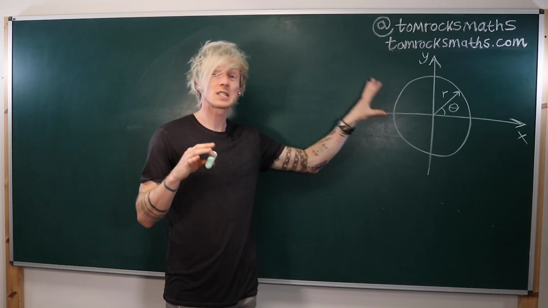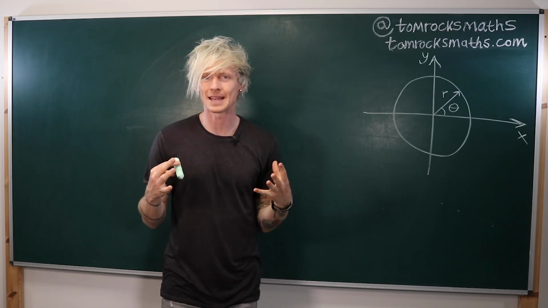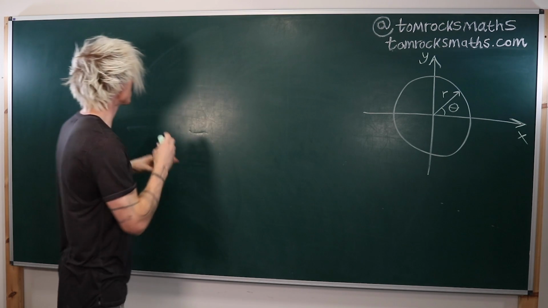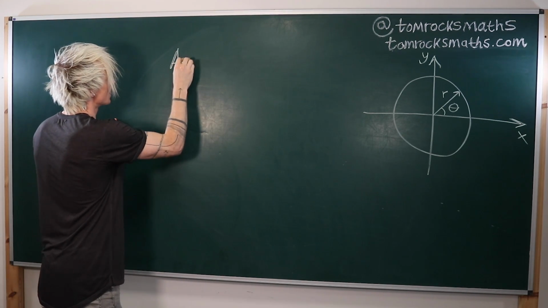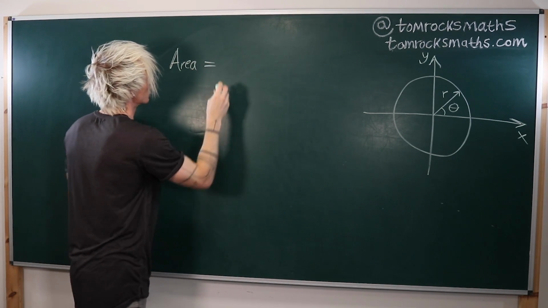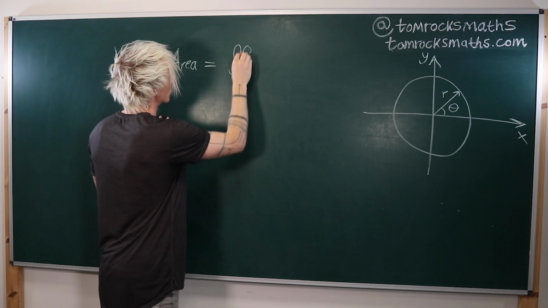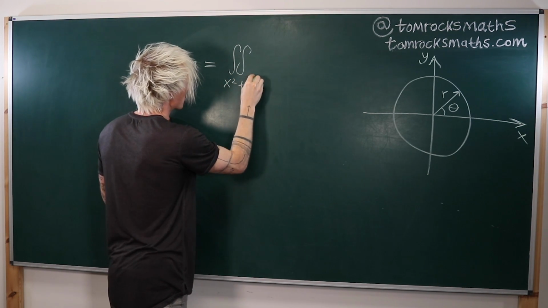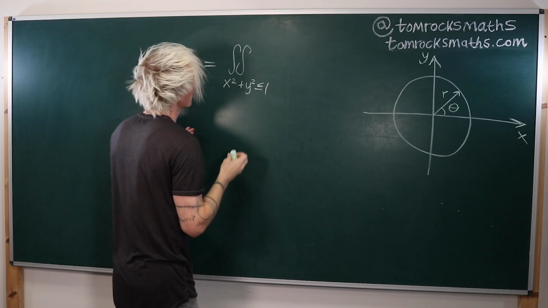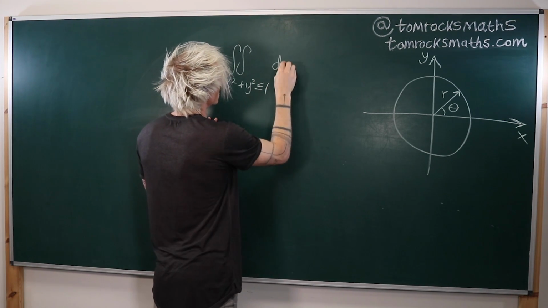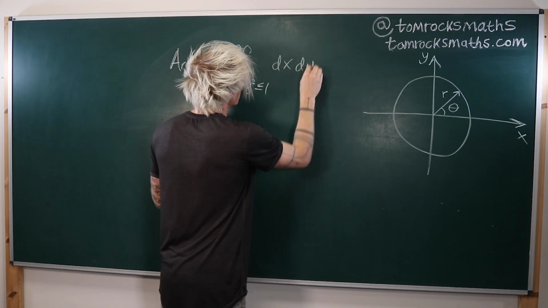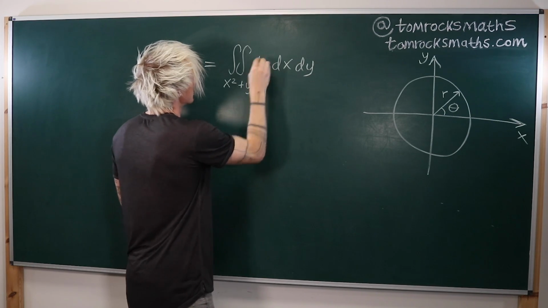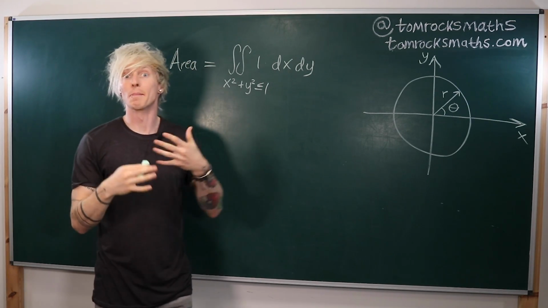Let's look at the unit circle in a little more detail. Now in Cartesian coordinates, the area is equal to the double integral over the unit circle, x squared plus y squared is less than or equal to 1, and I'm integrating with respect to x and with respect to y, and I'm integrating just the number 1.